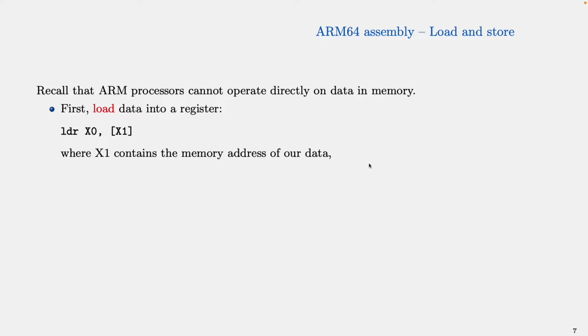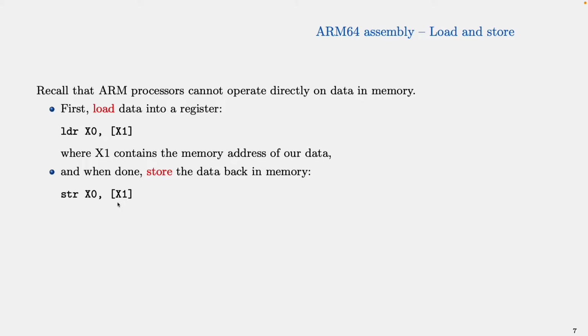So once we've done something with this data and we want to store it back into memory, we can use the store instruction, str, taking the data from the register X0 and again writing it to the memory address that is contained in X1.